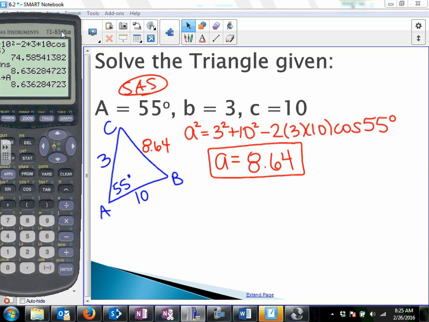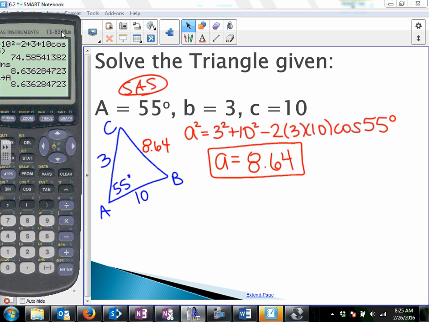Two problems: your angles aren't adding up to the right number, or your angles and sides don't make sense. If you have a really small angle across from a big side, that's probably not okay compared to the rest of your triangle. So you've got to look at your triangle and make sure it makes sense.